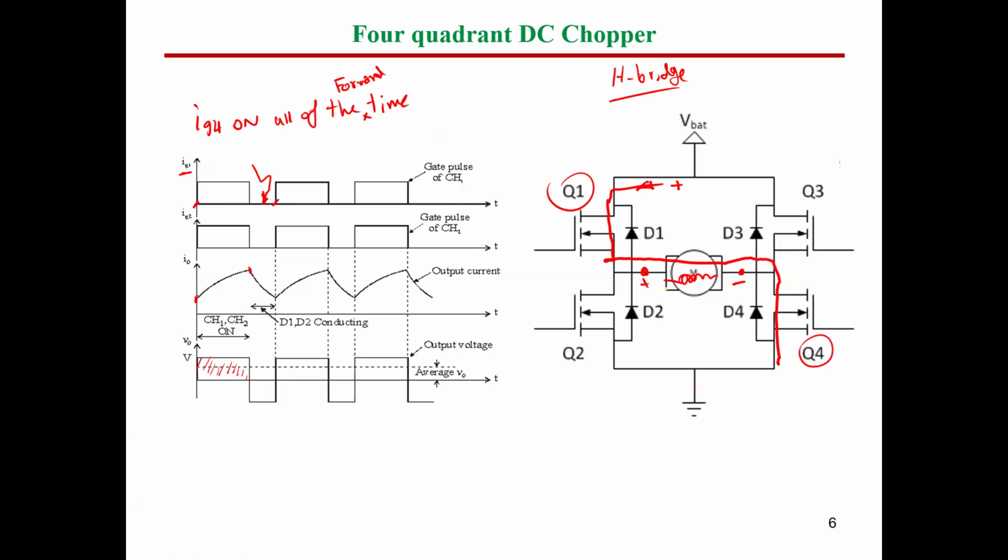In this case, the stored energy here will move through Q4, the MOSFET, and return back through D2. And if this happens, the volt across the motor will be 0. But this is not the case here.